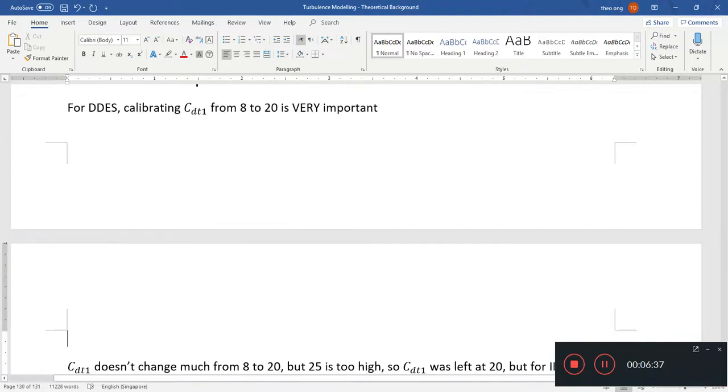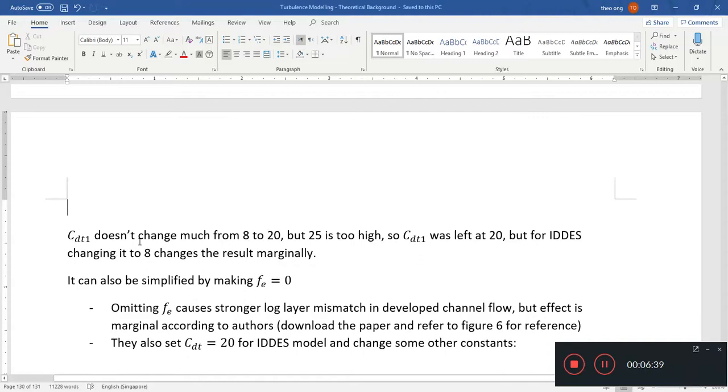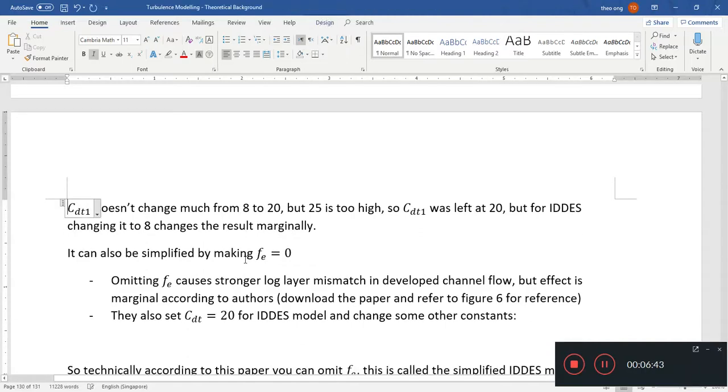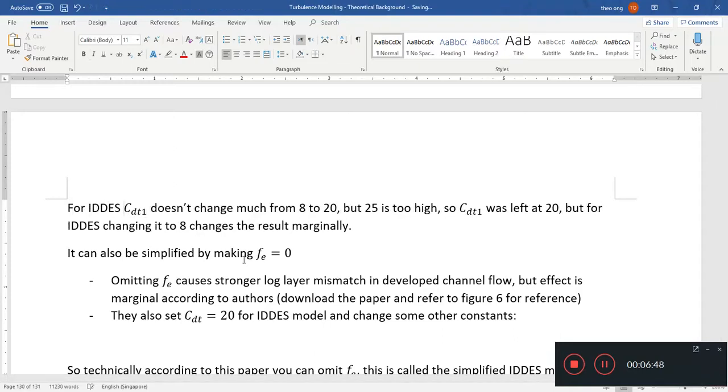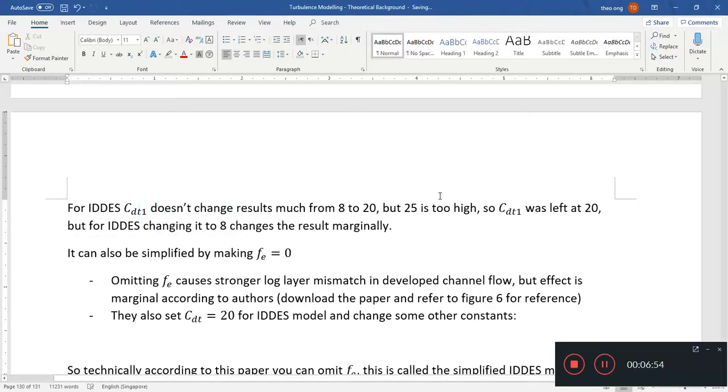But for IDDES, CDT1 doesn't really change much. It doesn't change results much from 8 to 20. But if you change it to 25, it's too high.